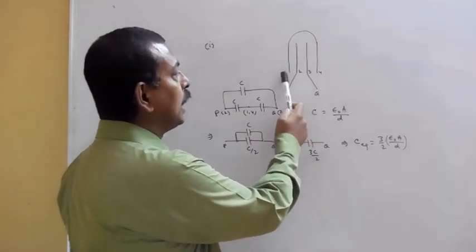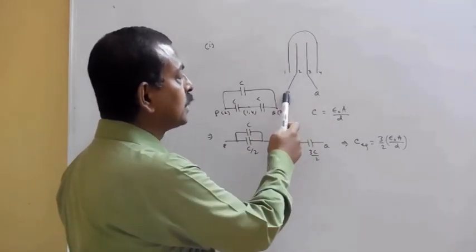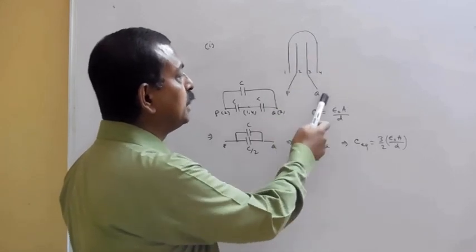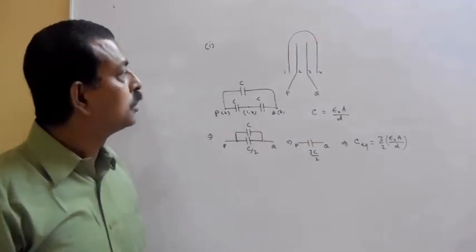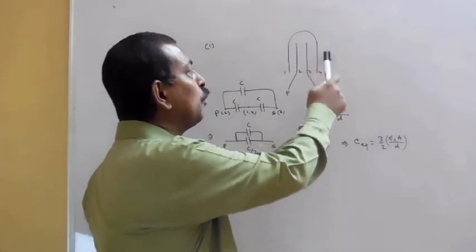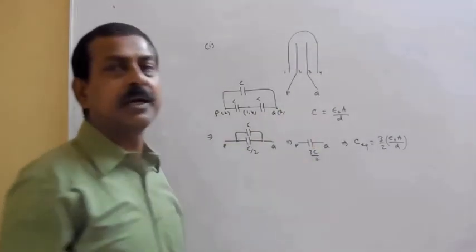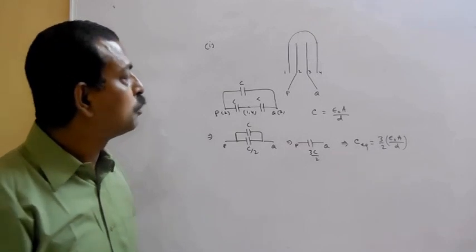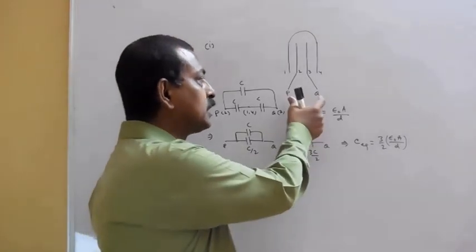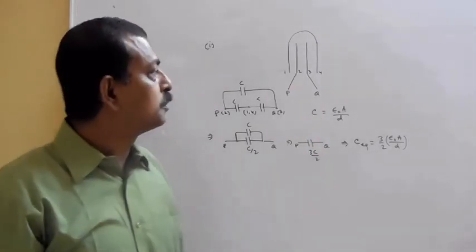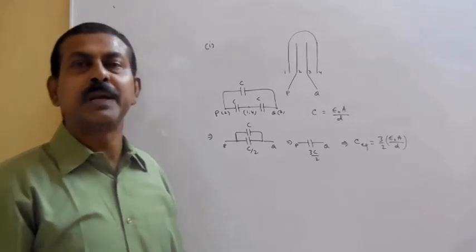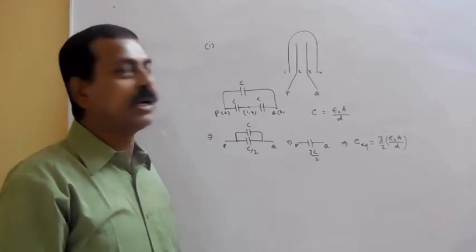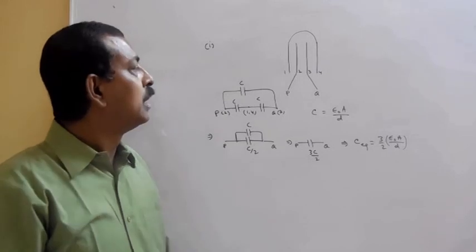We have numbered them as 1, 2, 3, 4. 2 is connected to P and 3 is connected to Q. 1 and 4 are connected with the help of a conducting wire, and we have to find the capacitance between points P and Q. We have the plate area capital A, plate separation as D.